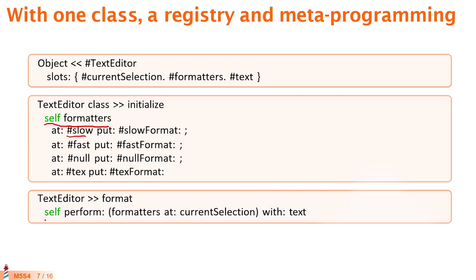And in this method, format, I will perform. So perform is a metaprogramming method. I will give the name of the selector that I want to invoke and the parameter that I want to pass. Okay, but this is exactly the same solution as before.